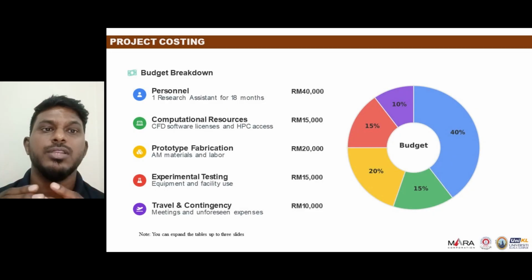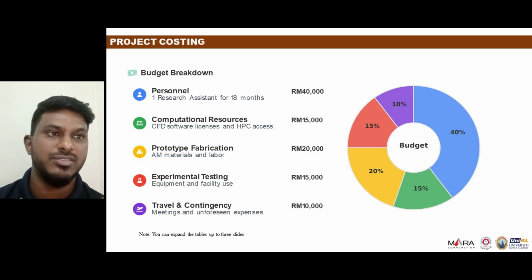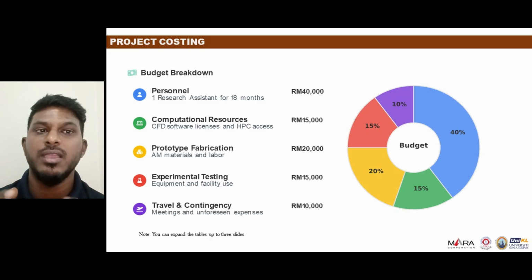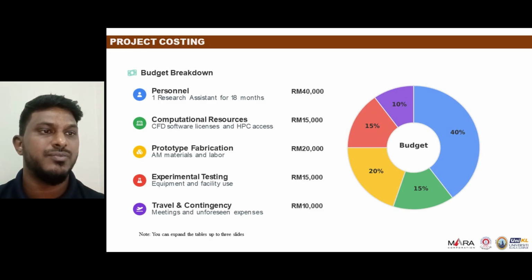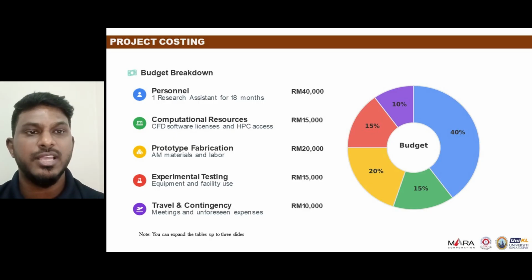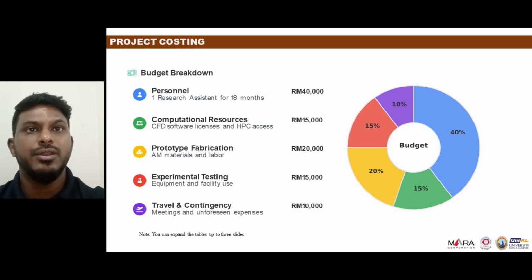So overall, the total budget for the project is approximately RM100,000, allocated to personnel, computational resources, additive manufacturing, experimental setups, and dissemination activities, including publication and conferences. This timeline and budget structure ensures a balanced focus on both computational and experimental efforts, and helps validate outcomes within the planned duration.